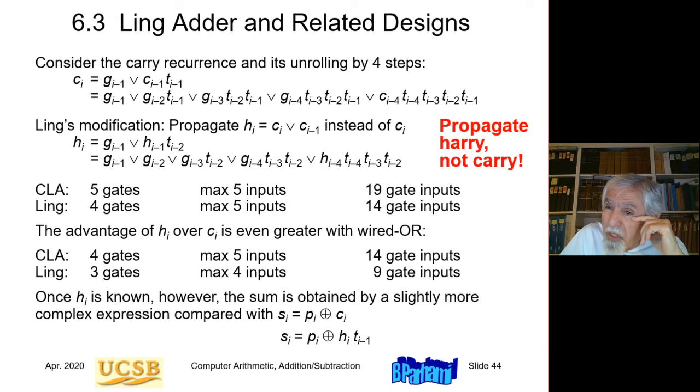But the number of inputs to the OR gate is the same in both cases, as 5. So the simplification occurs in the AND gates. There's 1 fewer AND gate, and each of the AND gates has 1 fewer input. Okay, so that's basically the source of simplification, which makes the circuit simpler, faster, and more energy efficient.